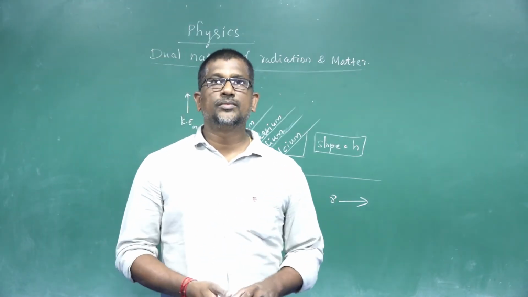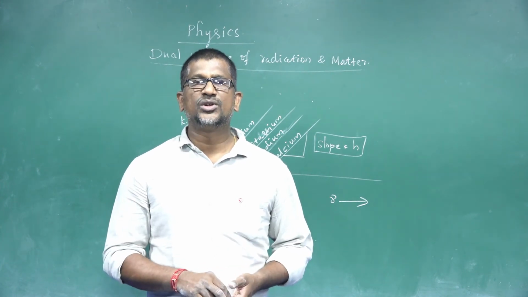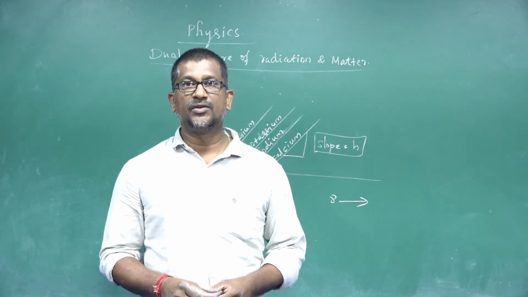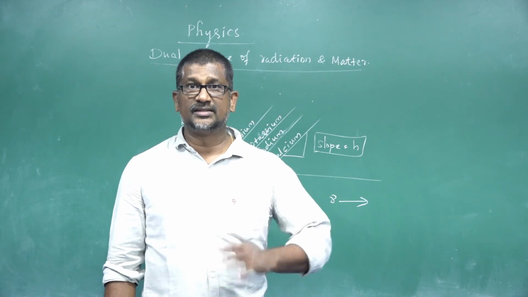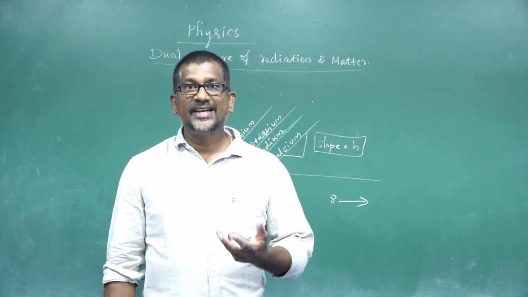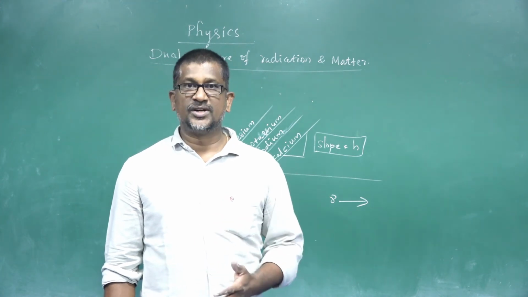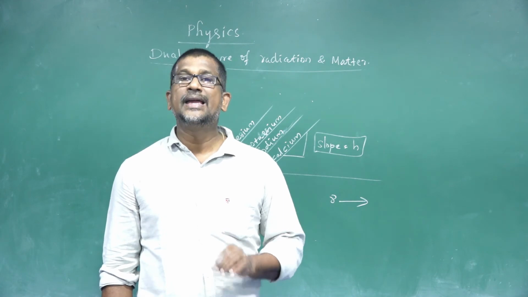The photoelectric effect was discovered by Heinrich Hertz, it was theoretically explained on the basis of the quantum theory of radiation by Einstein, and the Einstein photoelectric equation was experimentally verified by Millikan.